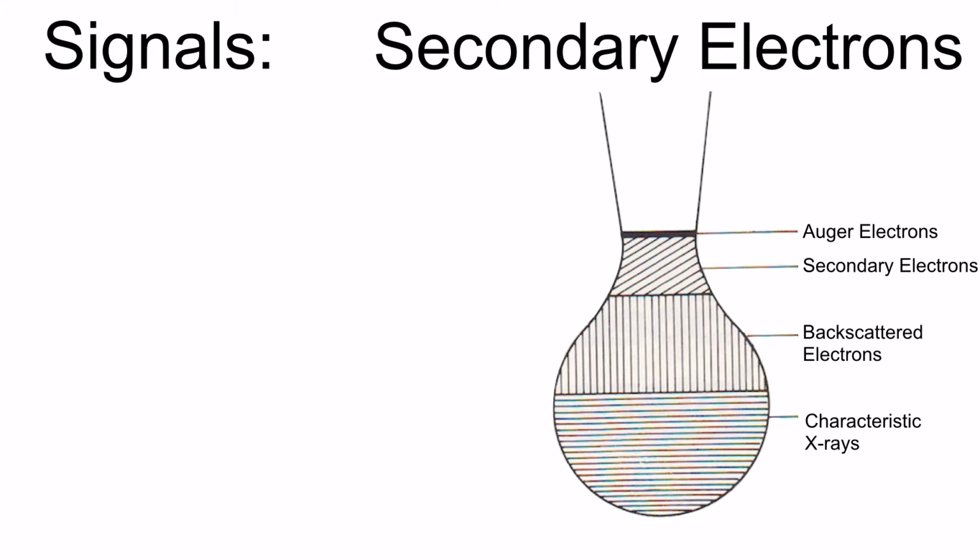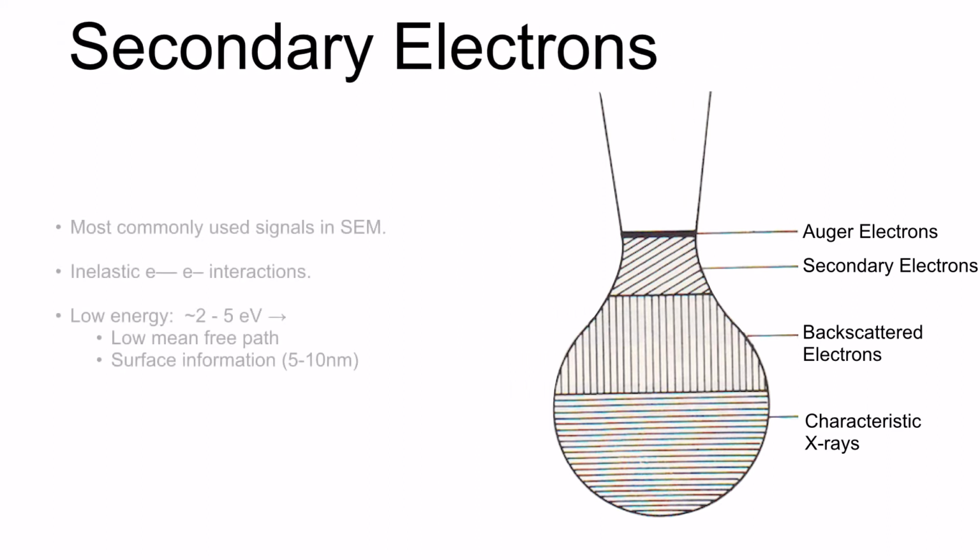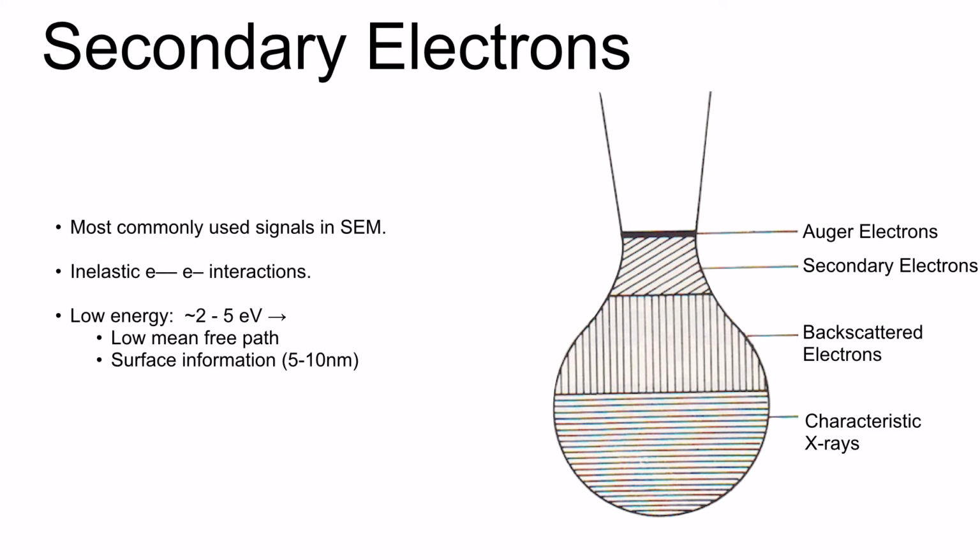The electrons that are most commonly used by SEM are these secondary electrons, which, by convention, are defined as electrons that escape the specimen's surface with less than 50 electron volts of energy, although secondary electrons typically have energies between 2 and 5 electron volts.